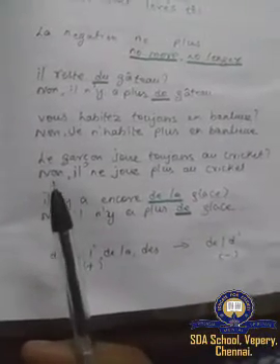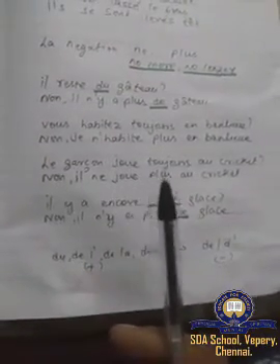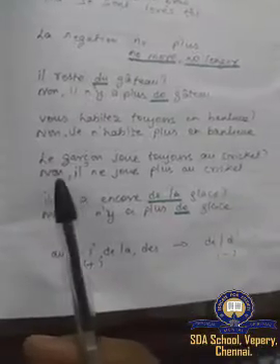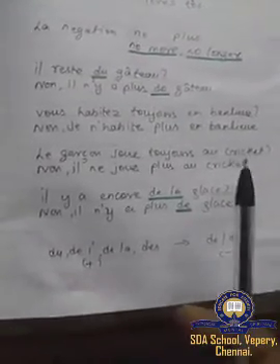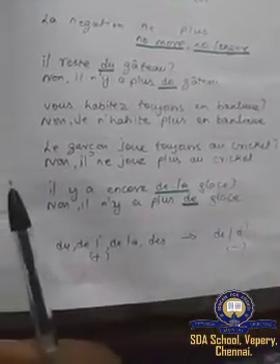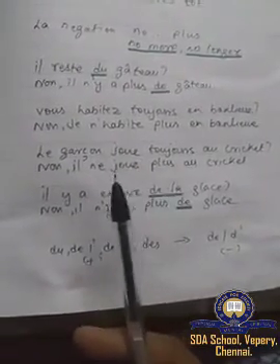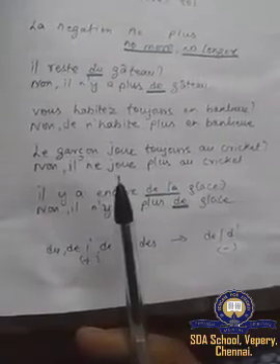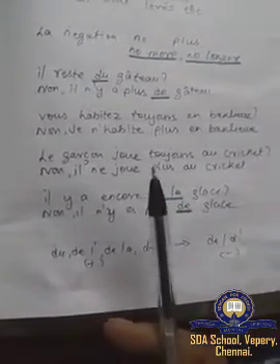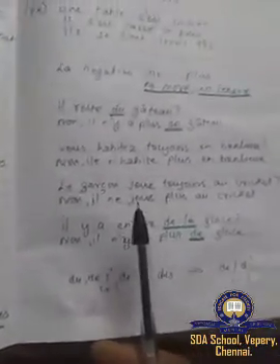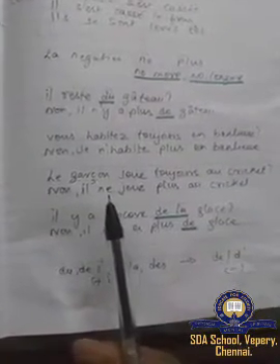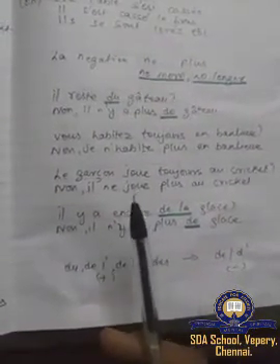Another example. Le garçon joue toujours au cricket. The boy still plays cricket. The boy always plays cricket. Still plays cricket. No, il ne joue plus. Or like the negative formation, where you have to put ne or n' before the verb, and plus after the verb.